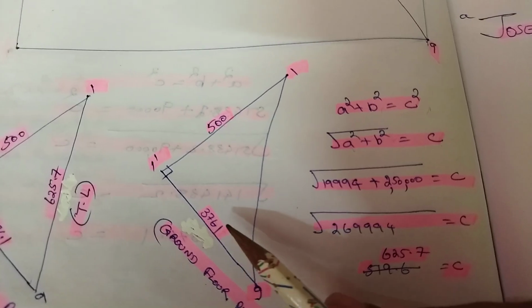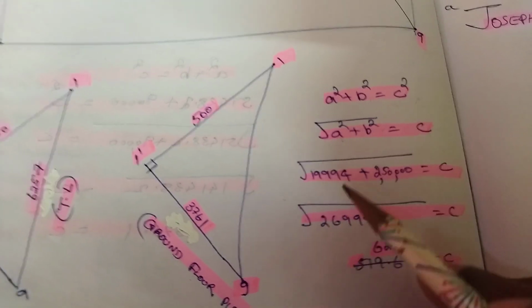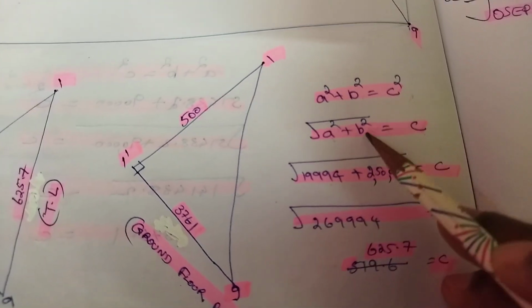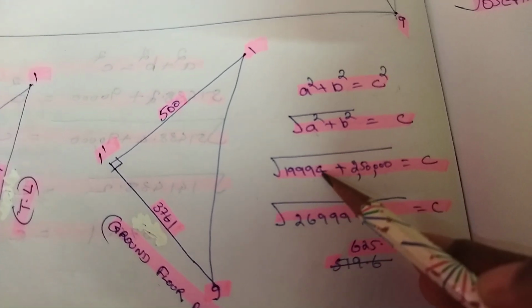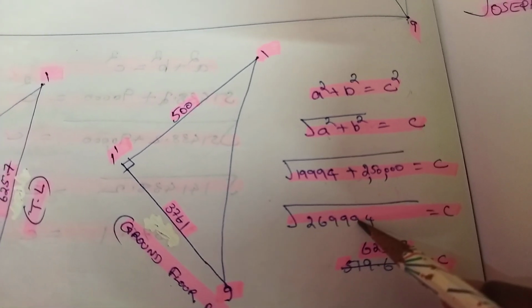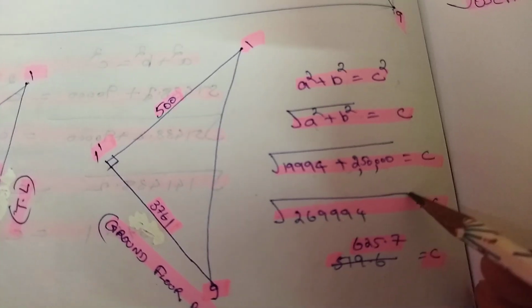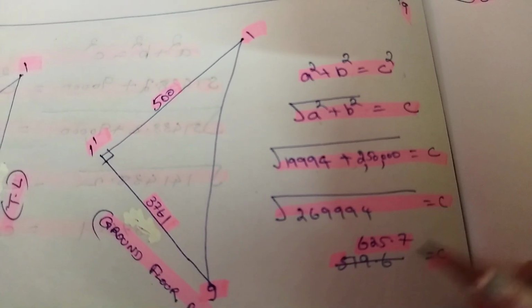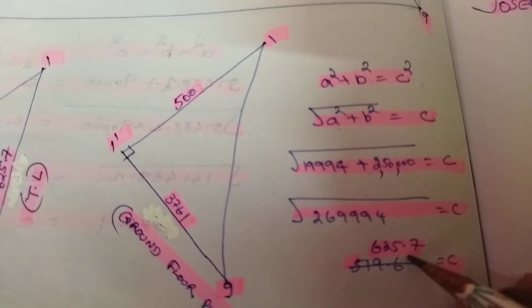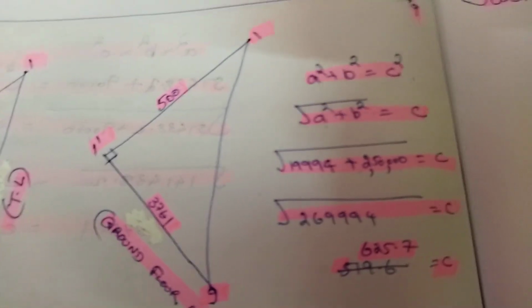A square, 376.1 square is this much. And b square, 500 square, that is this much. These two have to be added, then its square root will be found out. So its square root is 625.7. Do it in your calculator.